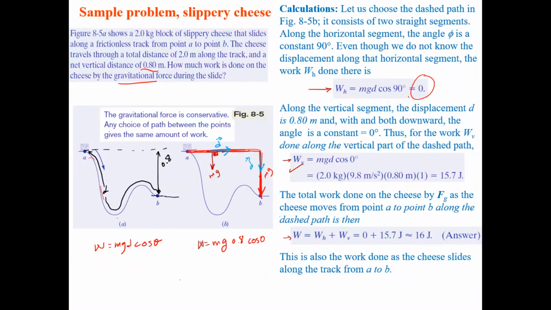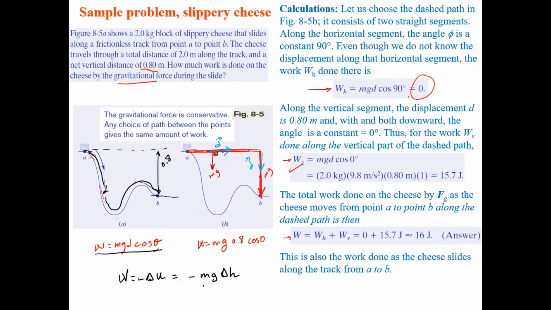How much work is done on the cheese by the gravitational force during the slide? So the work done, I can write it as minus delta U, which is going to be minus mg delta H. I can use the general formula for the work done, but my problem is, well, take a look at d. d is continuously changing in direction, so I'm not sure what angle to take.